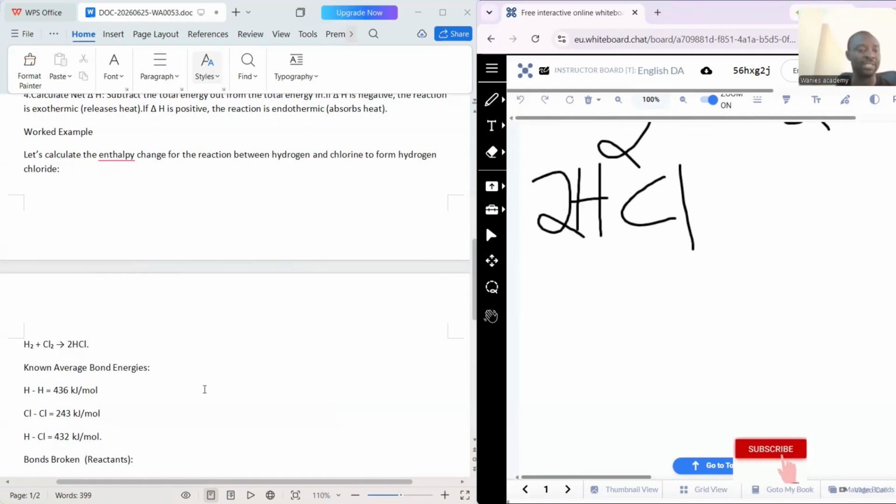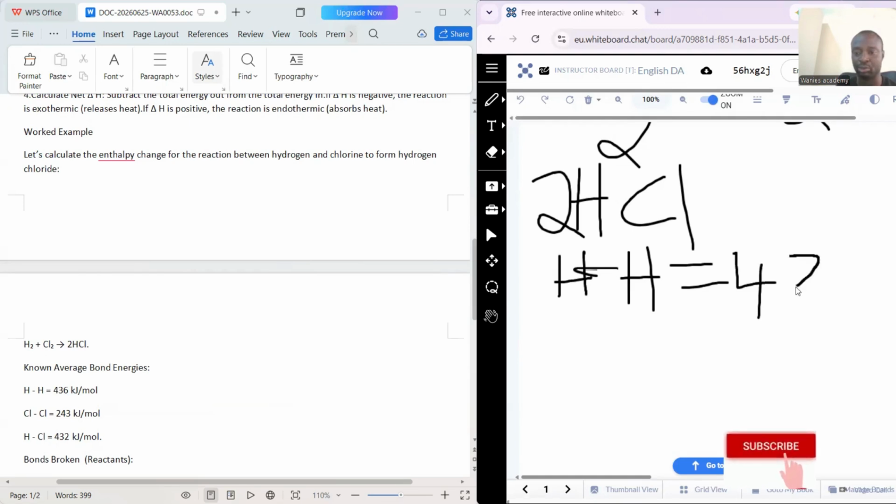Now we have the known average bond energies for the hydrogen bond as well as the chlorine bond. The average bond energy between the hydrogen atoms in the hydrogen molecule is 436 kilojoule per mole.